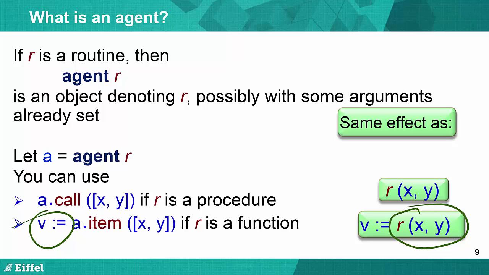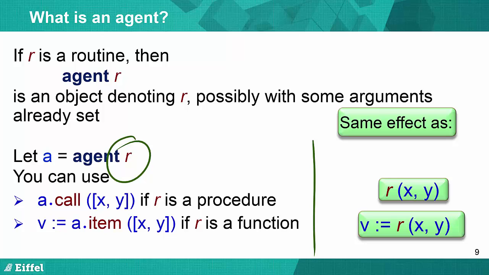But of course, the difference between the mechanisms on the left and the mechanisms on the right is that we only know A. A could be, for example, a formal argument of a routine, so we don't know R. In different executions, A could be an agent representing different routines R. On the right-hand side, we know R, so we can call it directly. There's no need for agents.